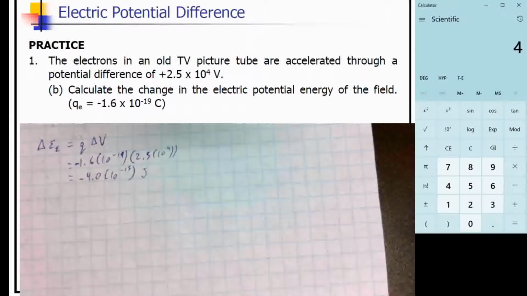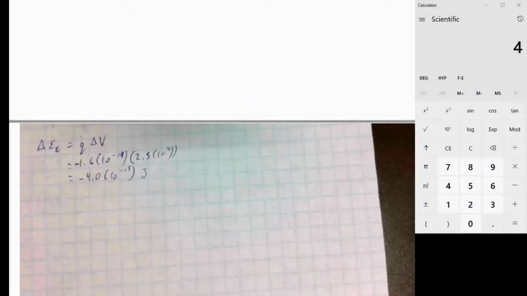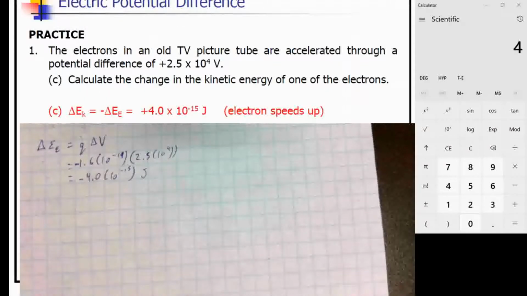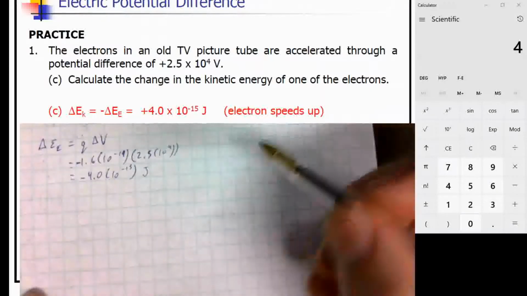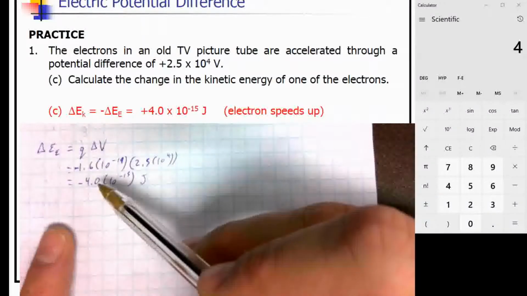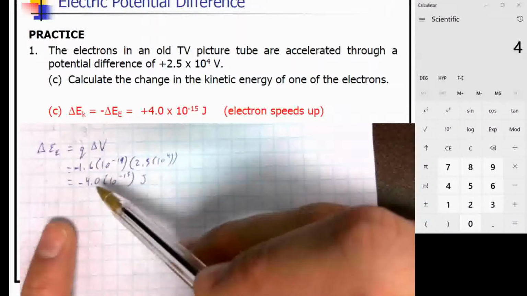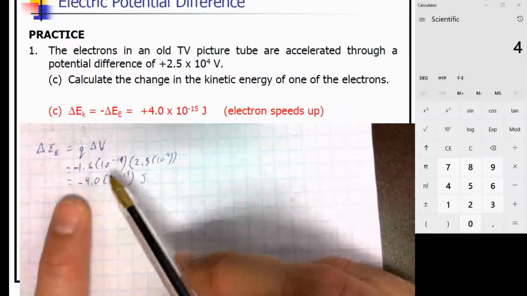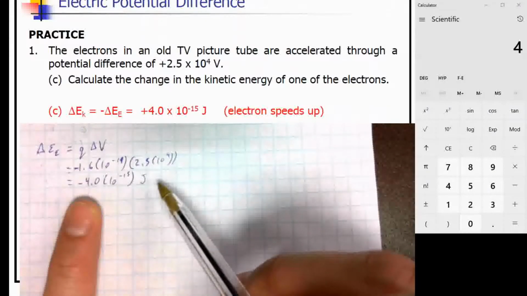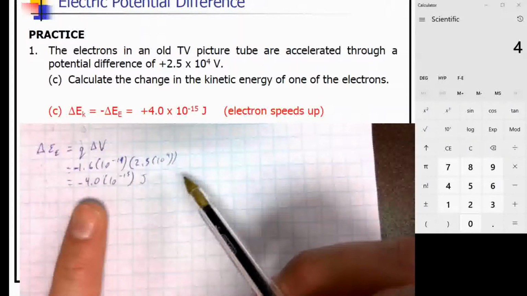So let's look and see what the rest of this asks us to do. So now we are asked to find the kinetic energy. We know that this is a negative. So that means that this is the energy that was lost by the field, which implies a gain of energy for the electron.